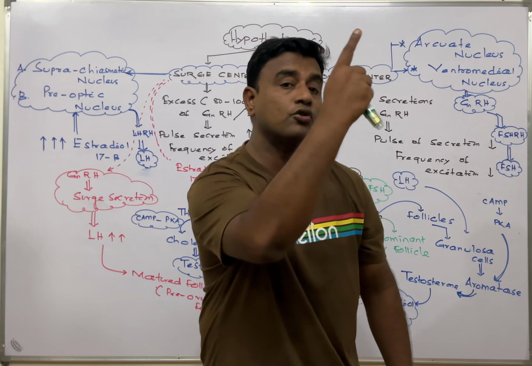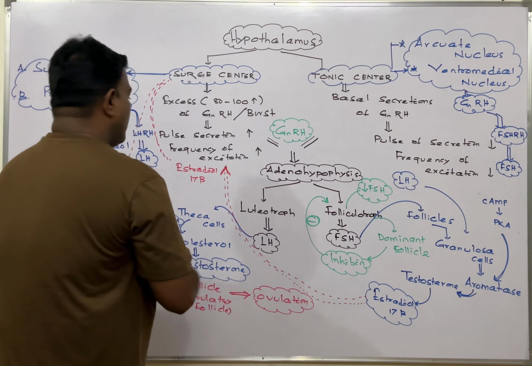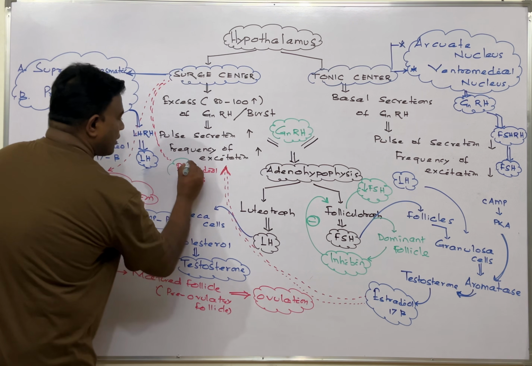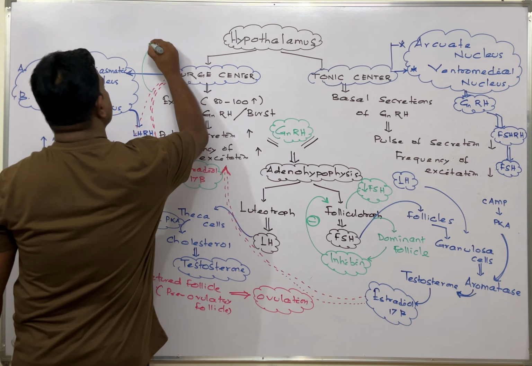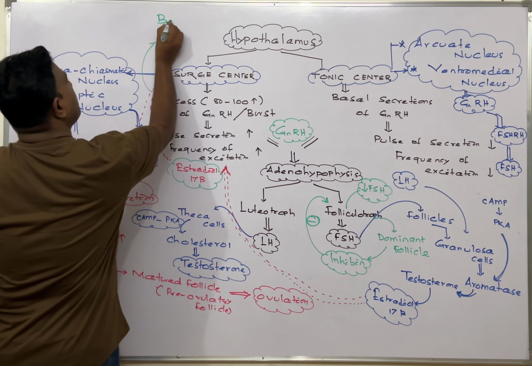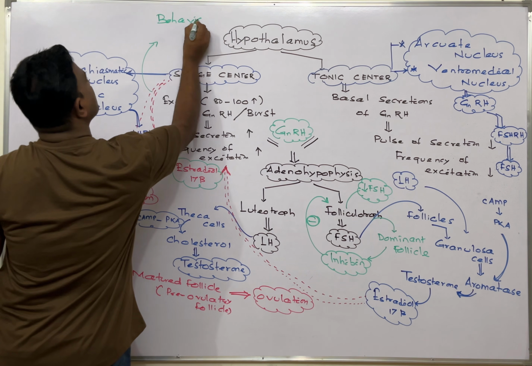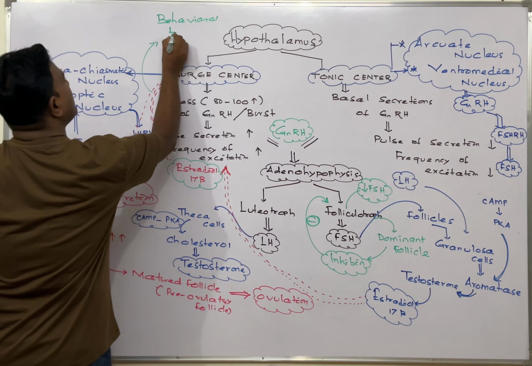So it is one of the most fundamental points. And last, this estradiol 17 beta, what you are seeing, along with this, it also causes, and this point is important, behavioral estrus.